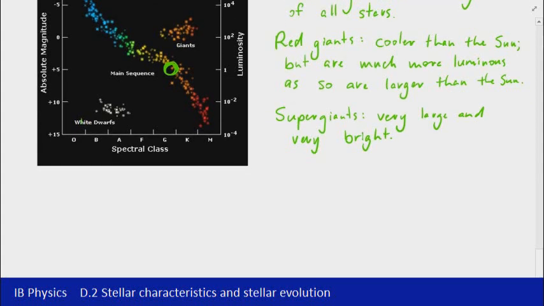So if we look at those two combined, only about 1% of stars are giants or supergiants. So very few of the stars in the night sky fall into those two categories. Having said that, given the large number of stars that there are in the universe, it's still quite a lot of stars that fall into those two categories, but only 1% of the stars that we can see.